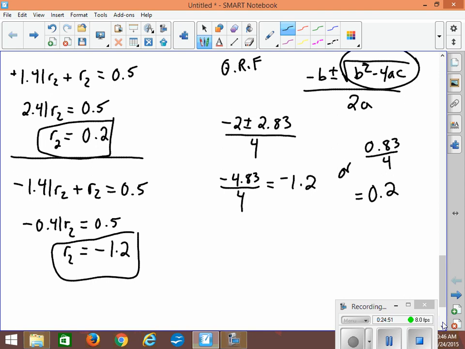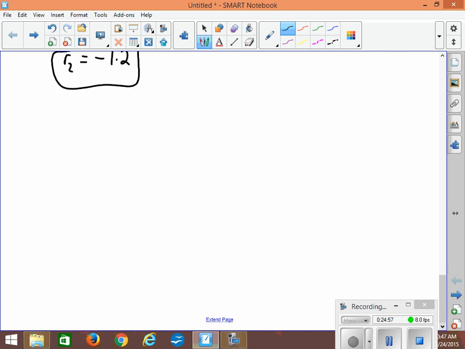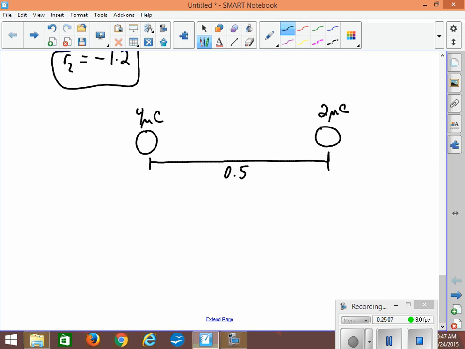Okay, so now we have to talk about these two numbers and what they mean. So let's go back and draw our original picture again. Here we are, here and here, 2 microcoulombs, 4 microcoulombs, and a distance of 0.5 in between. Now in our original picture, we said that the distance here to our mystery charge Q, in our original solution we called that R2.